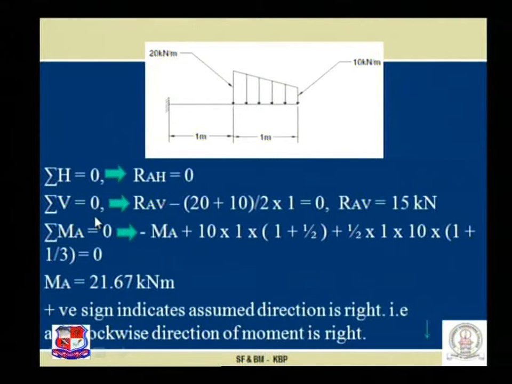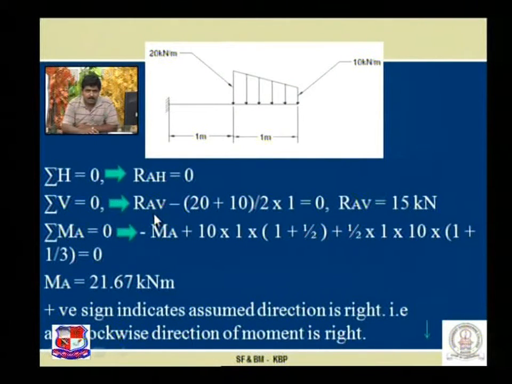Taking sigma V is equal to 0 and assuming RAV acting upward, so plus RAV. Now the acting load is downward, so minus sign, area of trapezoid, that is (20 plus 10) by 2 into the length 1. We achieve RAV as 15 kilonewton.